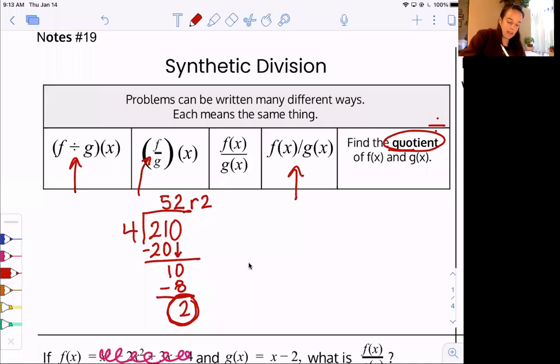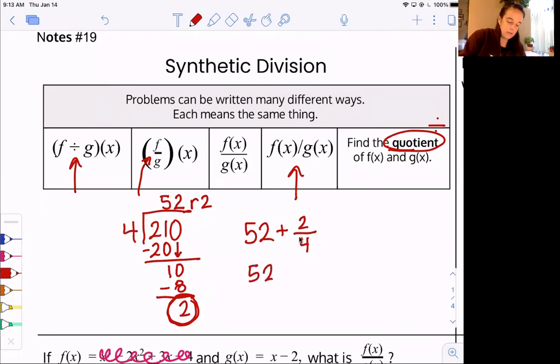The way that we would write it is we're going to write 52 plus the remainder of 2 over what we needed to still divide it by, because remember that 2 hasn't been divided yet. The 2 is what was left over, so it's still divided by 4. 2 divided by 4. You might recognize that turns into 1/2.